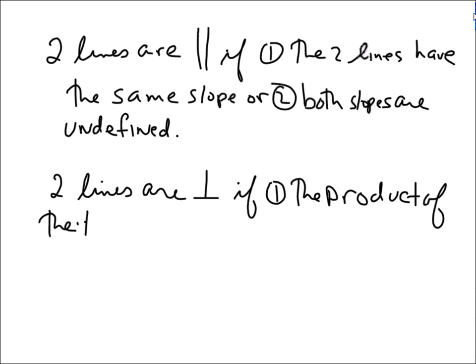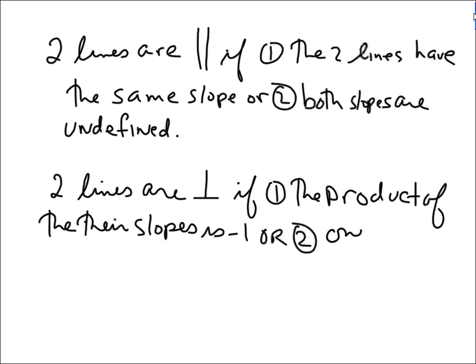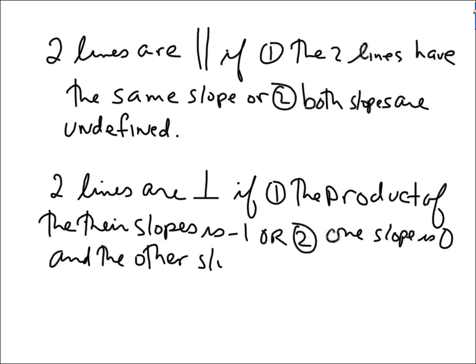If the product of their slopes is -1, or two, one slope is 0 and the other slope is undefined. One slope is 0, the other slope is undefined.